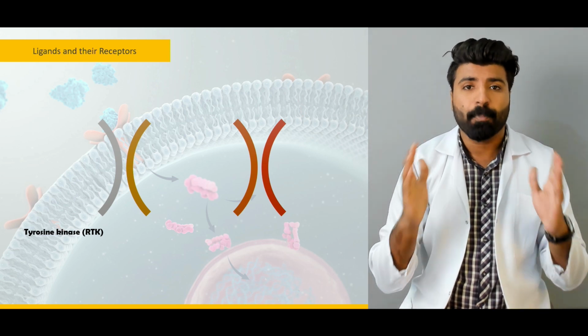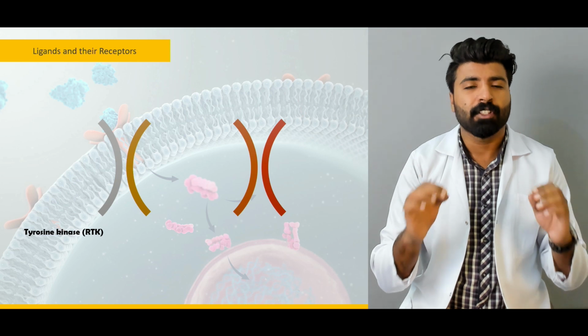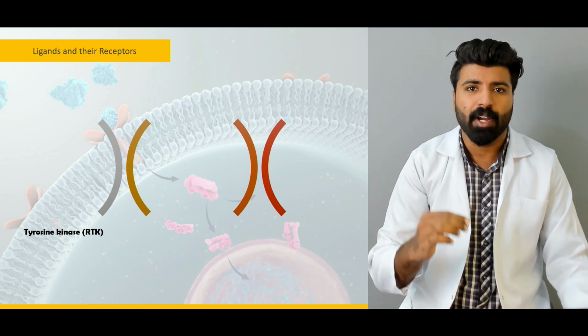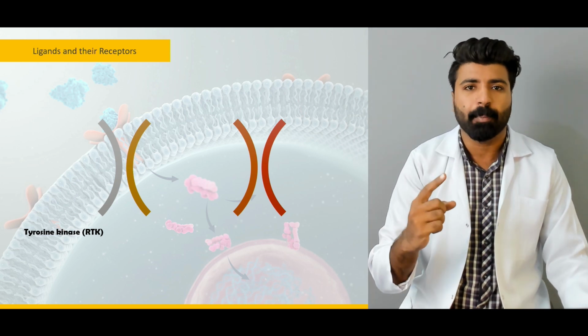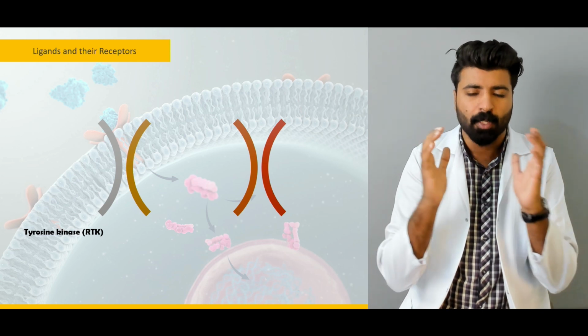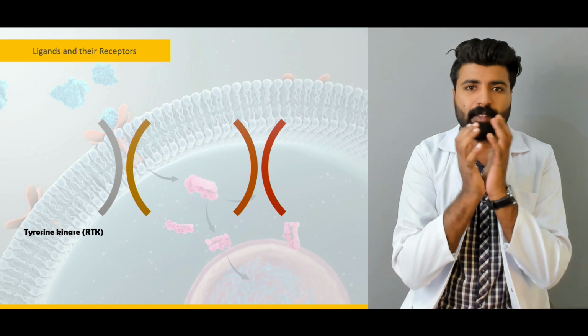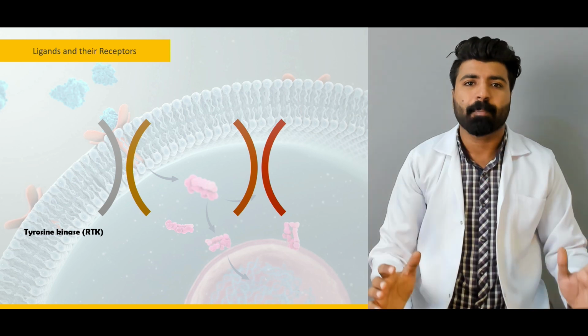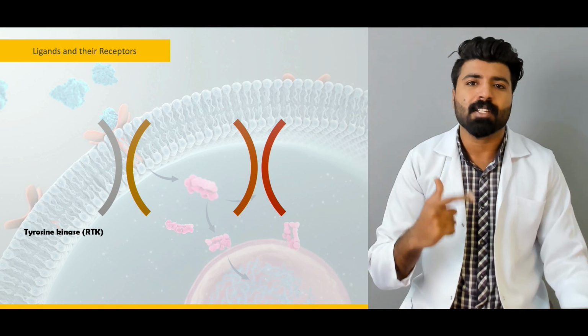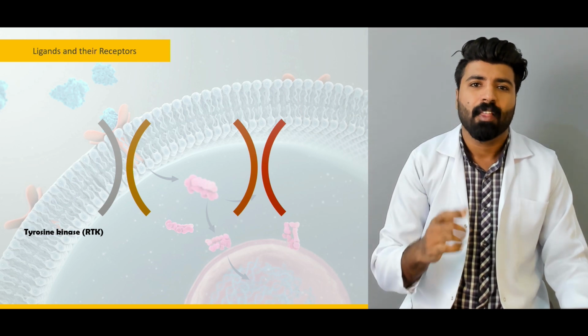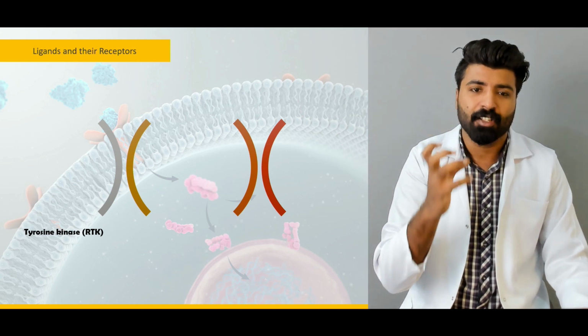So when they're properly phosphorylated and have consumed the ATP which was required, converting the ATP into ADP, those molecules will come together and make a bond like this. Whenever this happens, it leads to intracellular messages that the ligand is there to send.